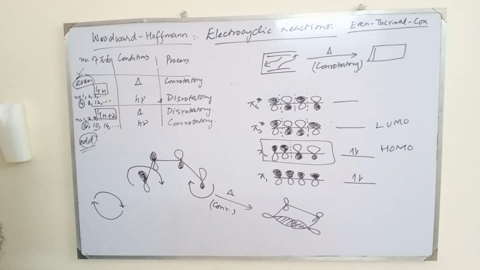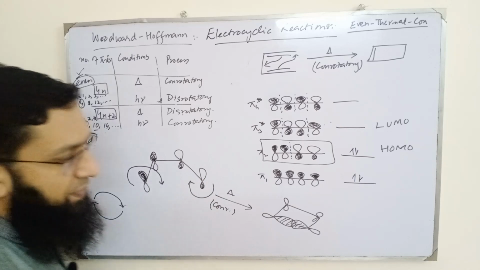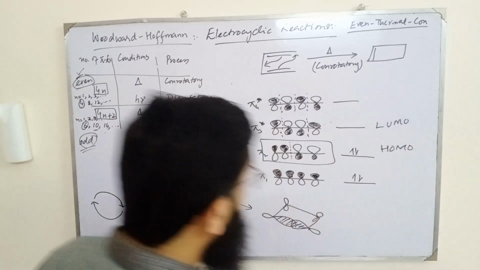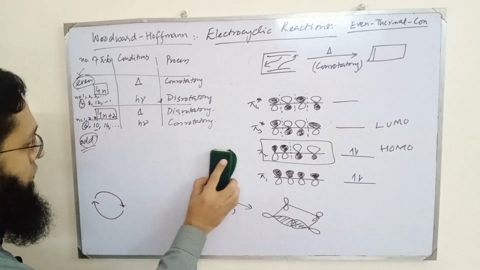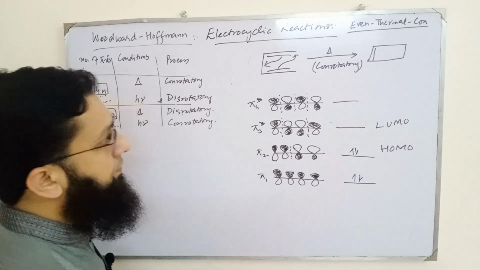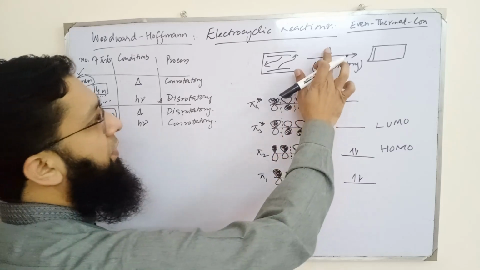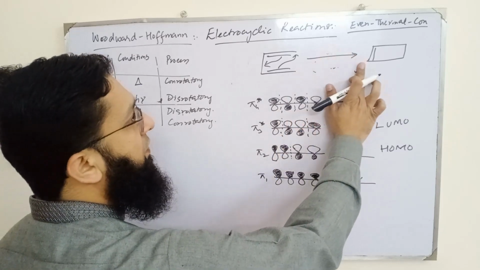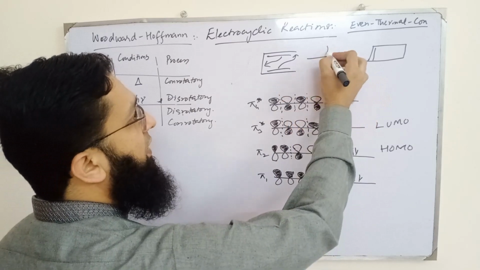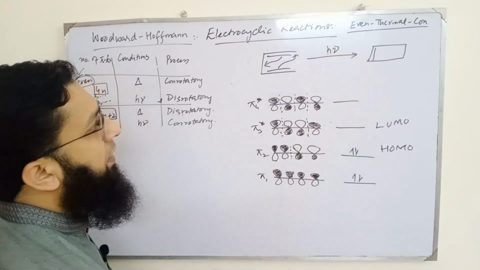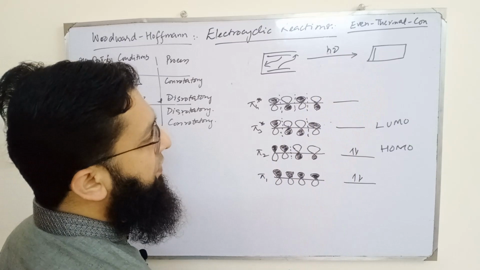Now we see the ring closing reaction of butadiene under photochemical conditions. Under photochemical conditions, we will use light and cyclization would take place.